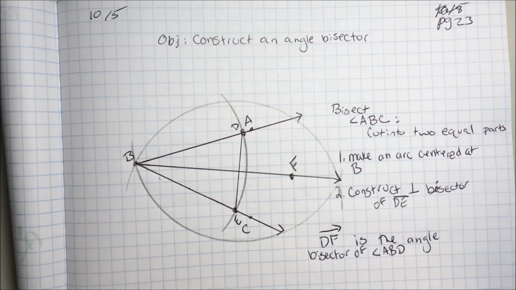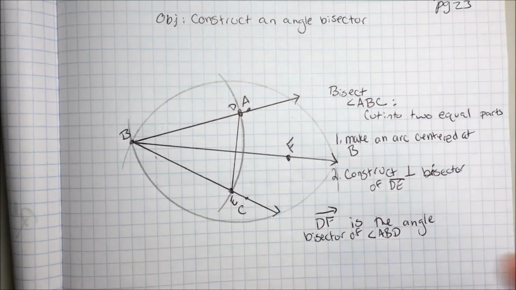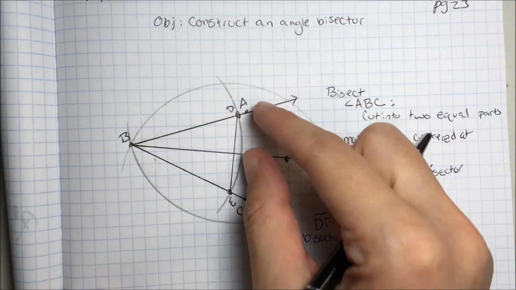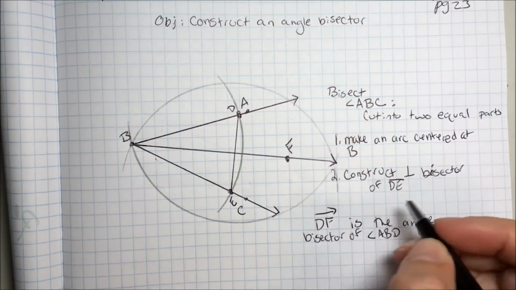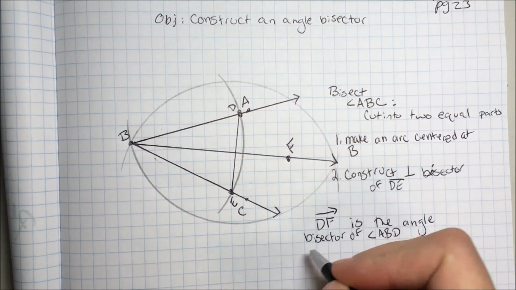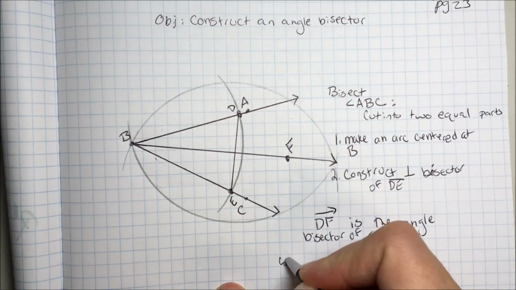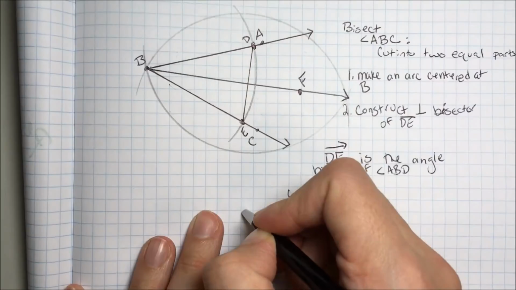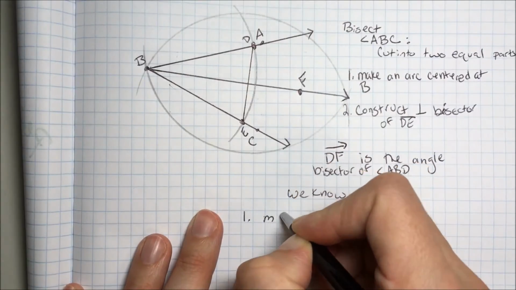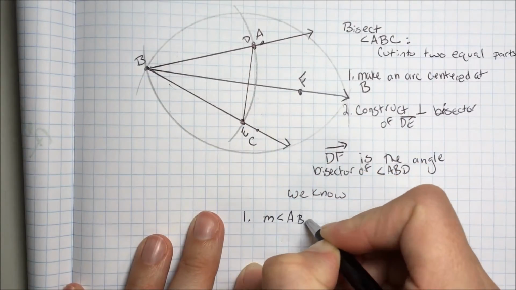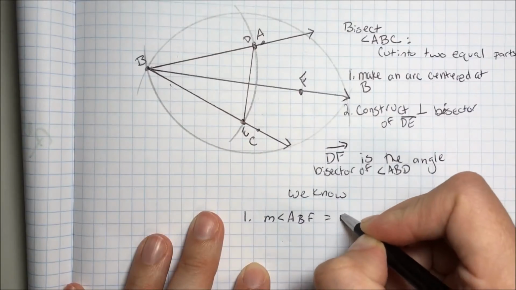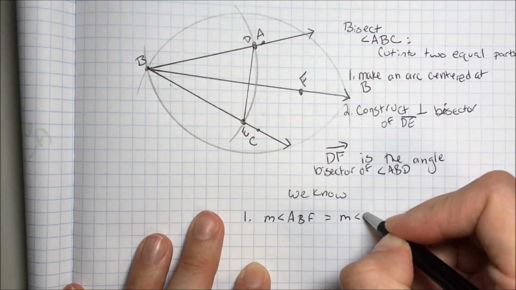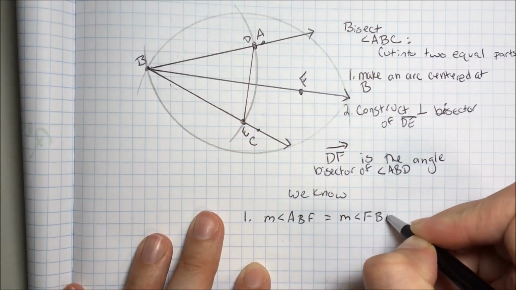ABD. So what we know, since this ray cuts this angle into 2 equal parts, we know 3 things. We know that 1, the measure of angle ABF is equal to the measure of angle FBE.